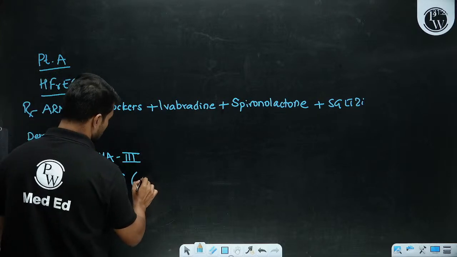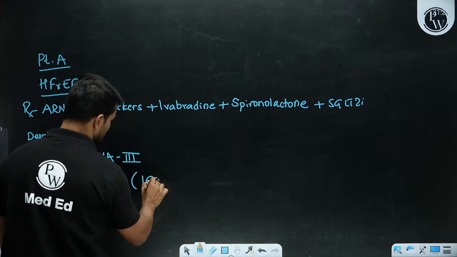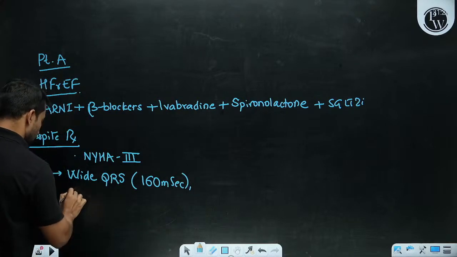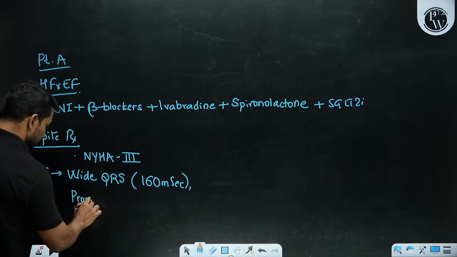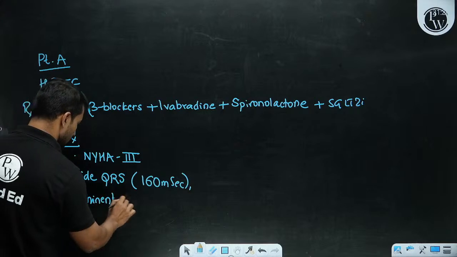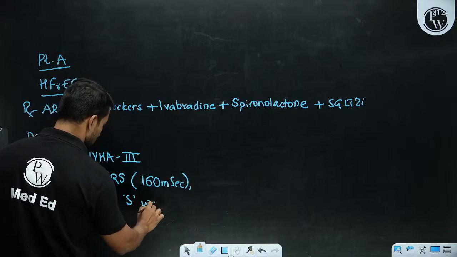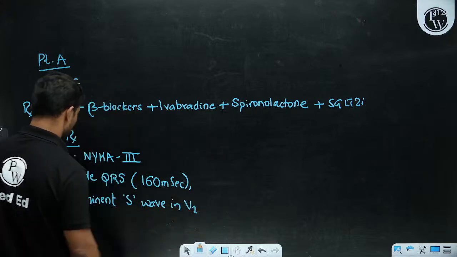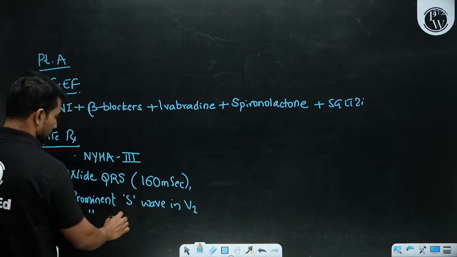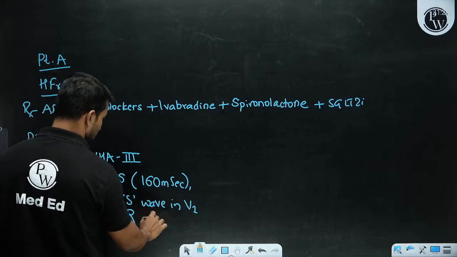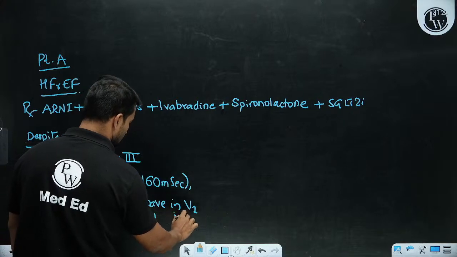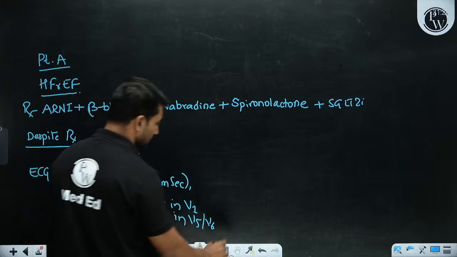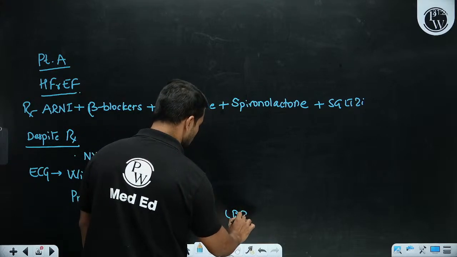The QRS duration is, let me say, 160 milliseconds, and I see a prominent S wave in lead V1 and a prominent R in lead V5 or V6. So these are pointers to suggest that mainly we are dealing with left bundle branch block.